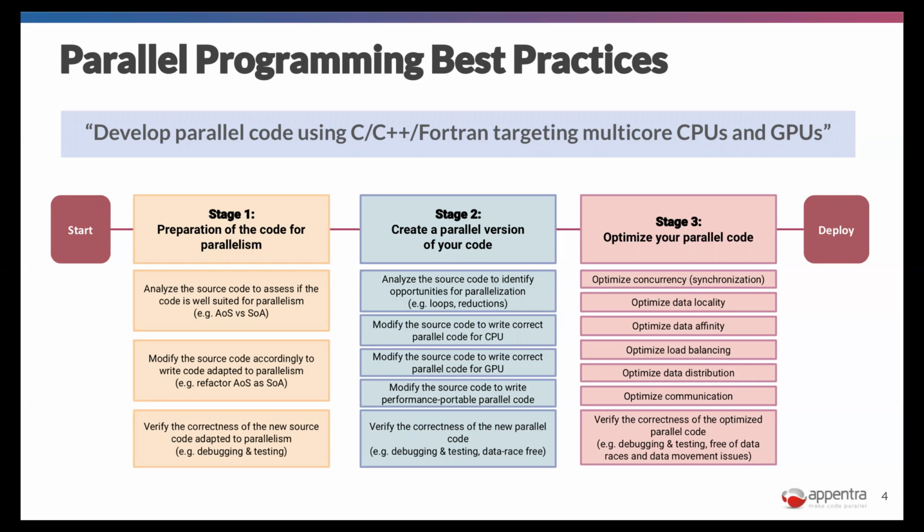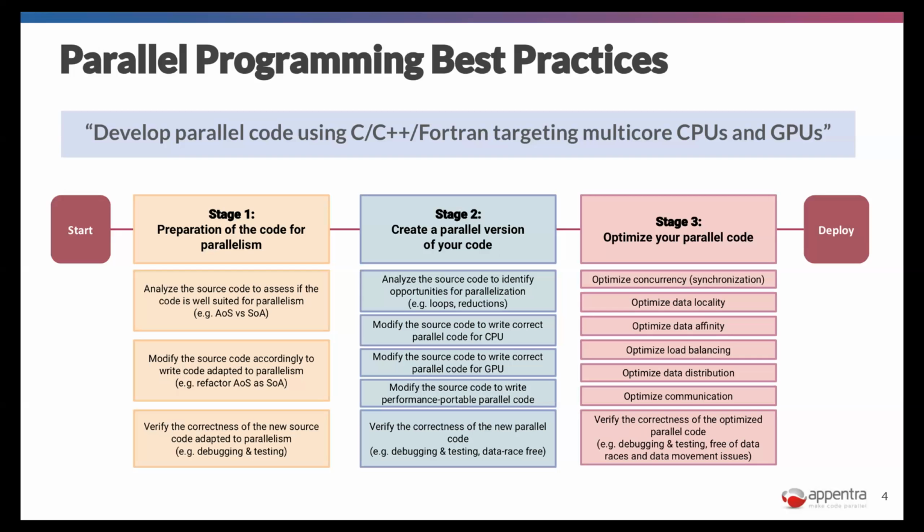What experts have in their minds, we want to write down so that we have all that information collected in one single place, accepted by the community and ideally maintained by the community. And also have the possibility to create tools that can automate many of the tasks that the developer needs to do repeatedly. So from these collaboration efforts, we have come up with 3 stages for the parallelization process.